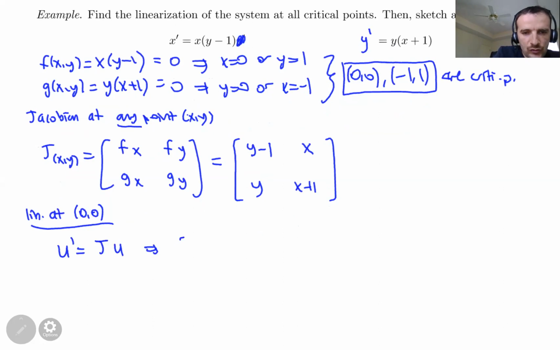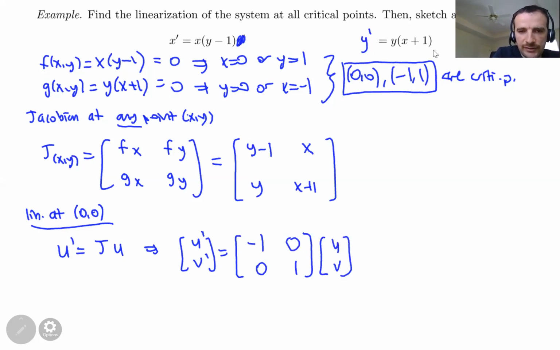That is, (u prime, v prime) is equal to the Jacobian plugged in at (0, 0). If you plug in (0, 0), we will get negative 1, 0, 0, and 1, right? Times (u, v).